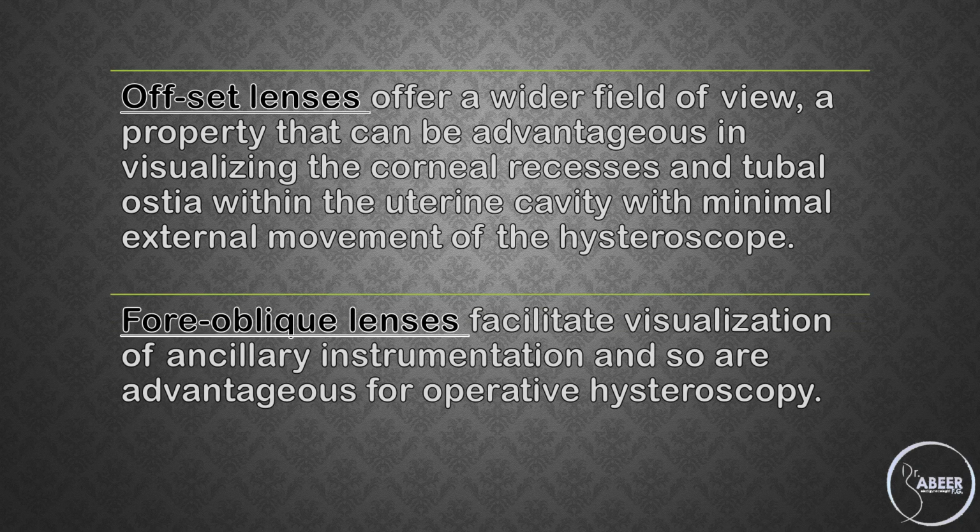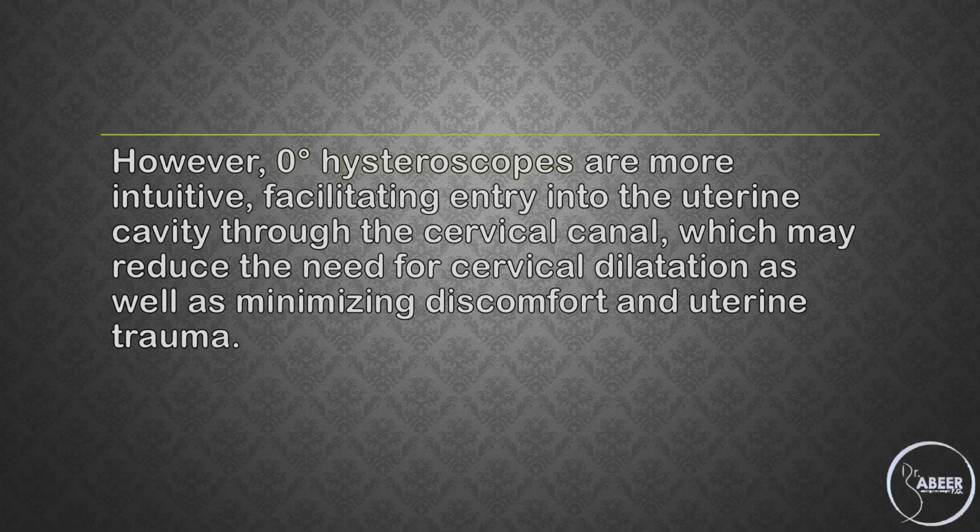Foreoblique lenses facilitate visualization of ancillary instrumentation and so are advantageous for operative hysteroscopy. However, 0-degree hysteroscopes are more intuitive, facilitating entry into the uterine cavity through the cervical canal, which may reduce the need for cervical dilatation as well as minimizing discomfort and uterine trauma.